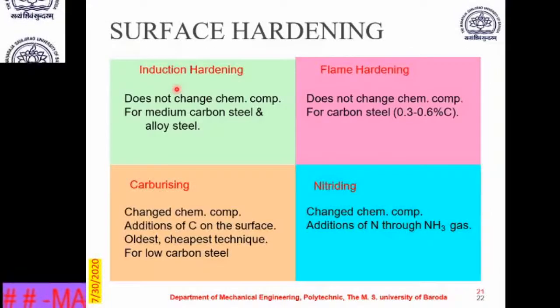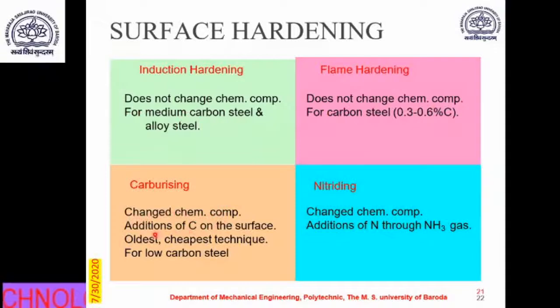Again, just have a comparative look between the surface hardening processes: induction hardening, flame hardening, carburizing and nitriding. Induction hardening does not change the chemical composition for medium carbon steel and alloy steel. Flame hardening also does not change the carbon content or surface composition. Carburizing changes chemical composition, with addition of carbon on the surface. This is the oldest, cheapest technique for low carbon steels.